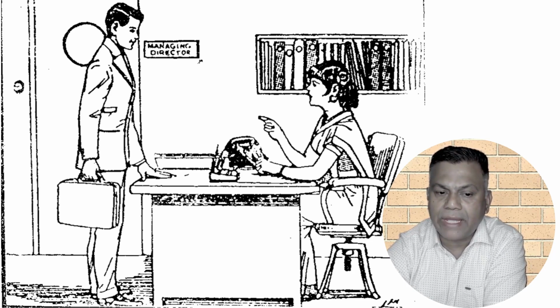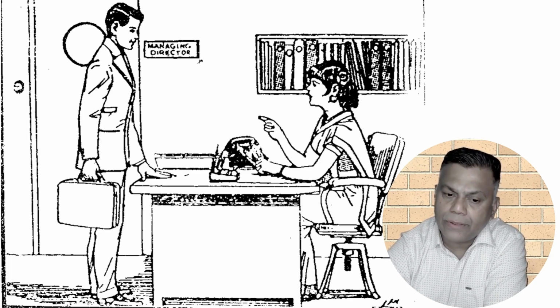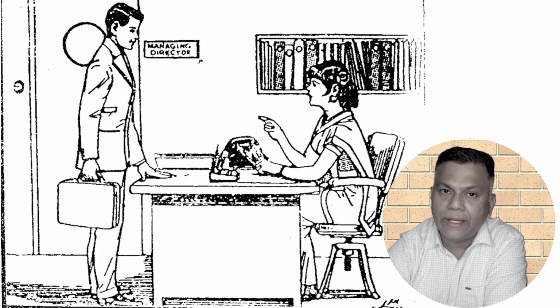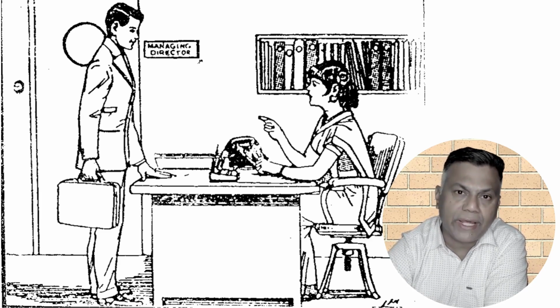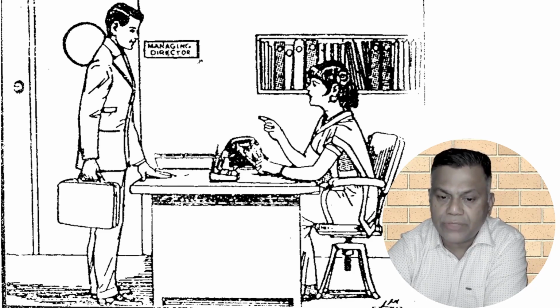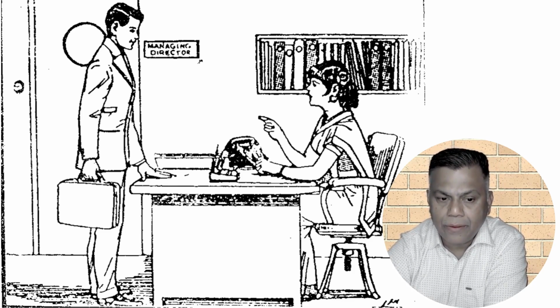So since the managing director board is outside, she probably is the personal secretary or the personal assistant to the managing director. And since this lady is sitting and talking to the man in the front with a finger pointed towards her, that means this person is not likely to be the managing director in most probability, because if he was the managing director, she would have stood up rather than sitting and speaking.